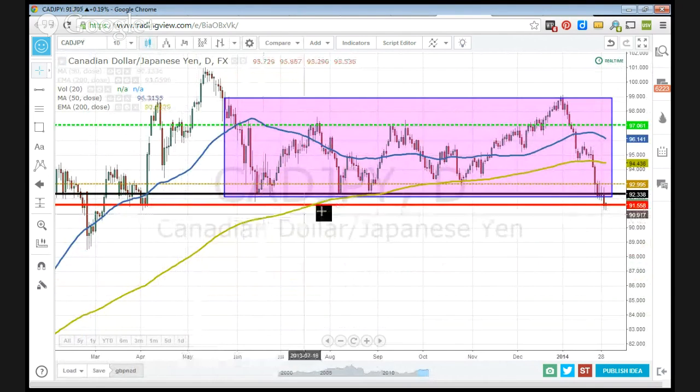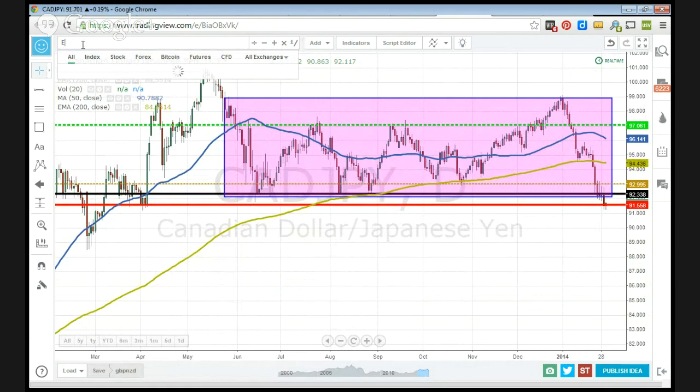I may re-enter here actually, because this red line is... well, it depends on how you want to view it. If I re-enter, it might not be a mistake. But we'll see what's going on with the other pairs. Basically, you could argue this red line is also a support level of sorts. So we'll come back to this, and we'll definitely experience this situation on other yen pairs.